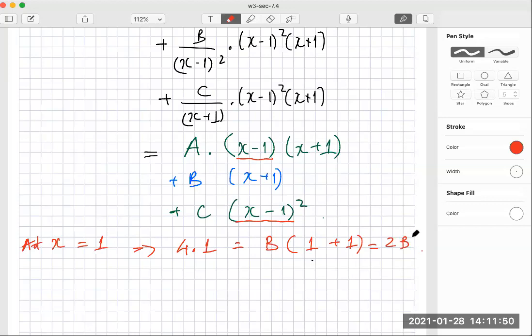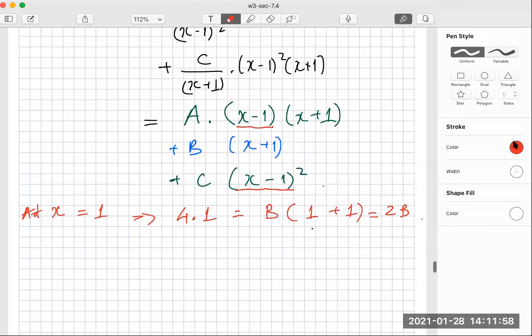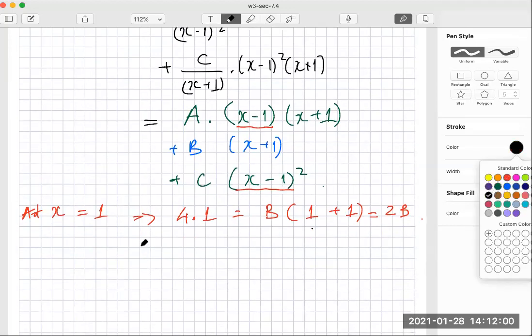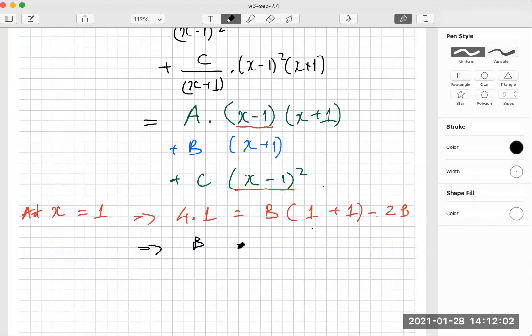Good job. So what is b? Very good. 4 is 2b, therefore b will be 2. Good job. This is a lot faster, right?